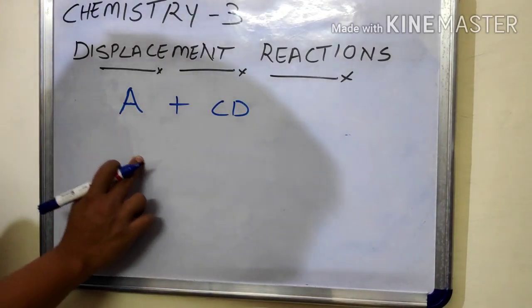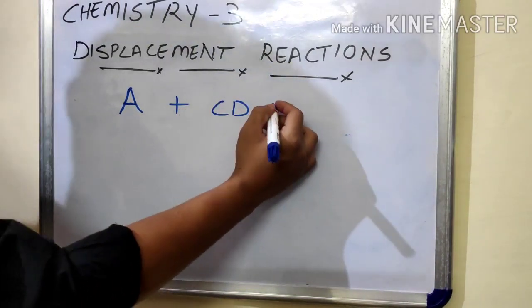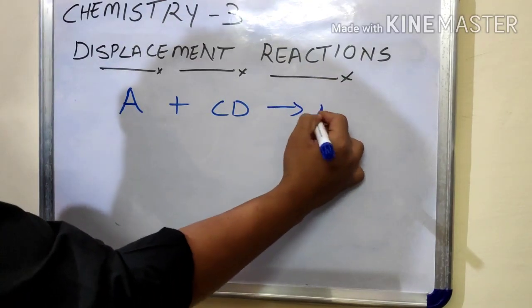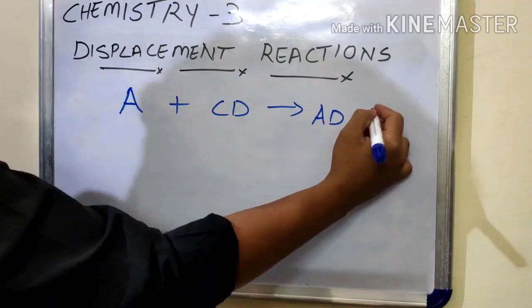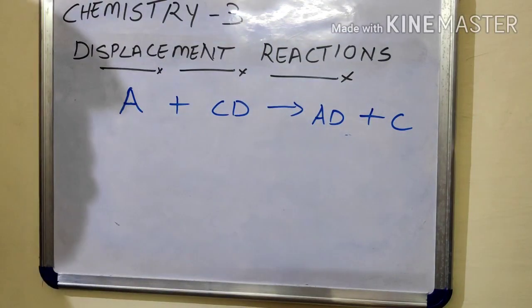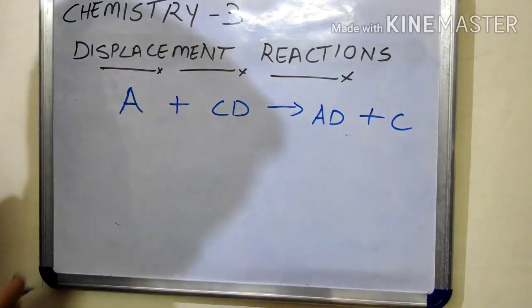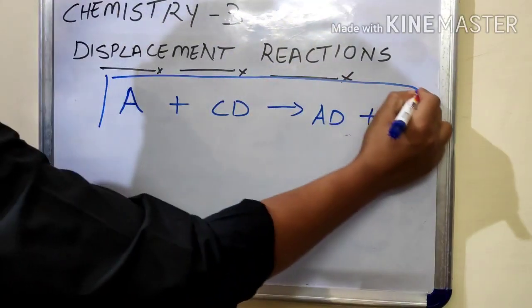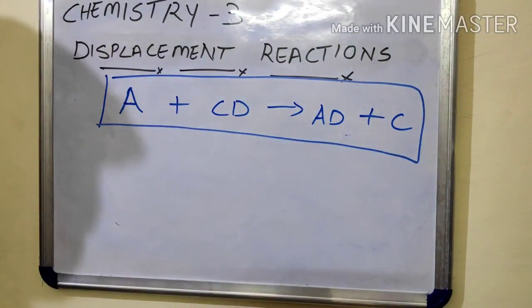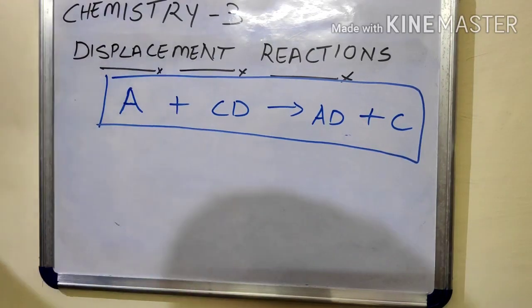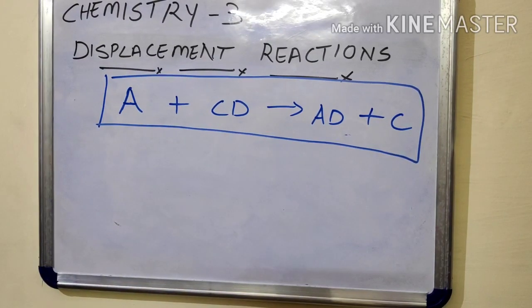So the cation replaces C and we get a new compound AD and we get C separately alone. So A plus CD gives AD plus C. This you have to write down for displacement. First thing that you will write down. Now write down the definition along with this.